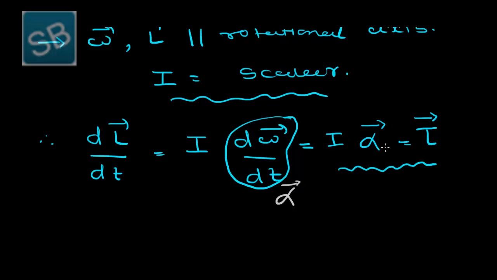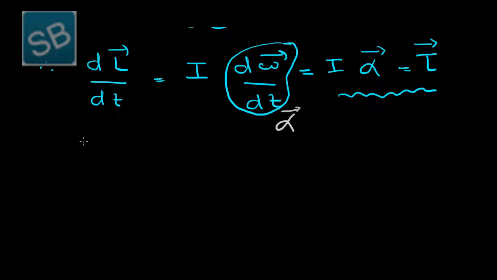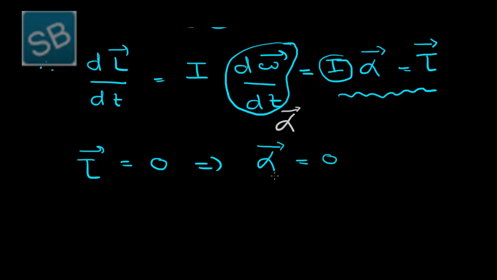Now, when the value of torque is 0, then either I equals 0 or alpha equals 0, but the value of I will not be 0, and hence the value of alpha equals 0. And if you compare with this equation, then the right hand side is 0. That means the quantity which is differentiated will be constant.